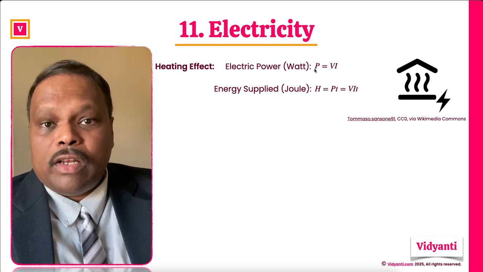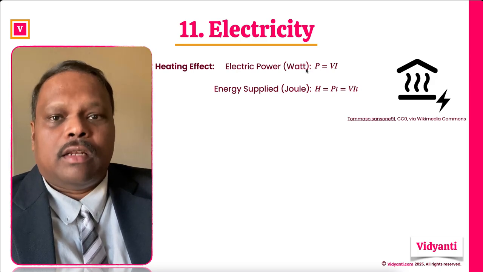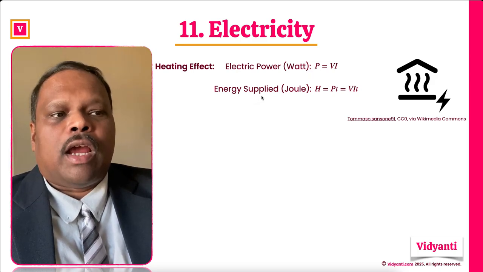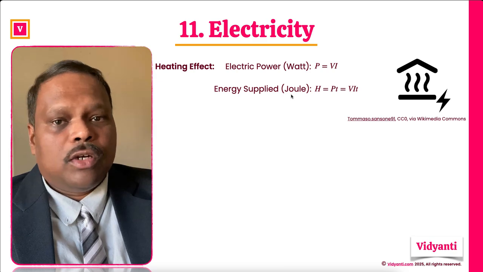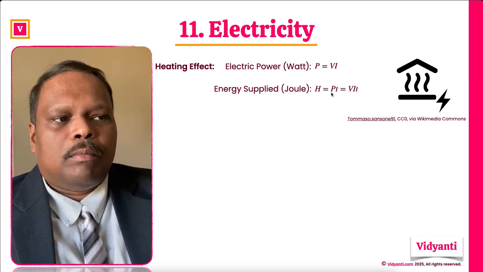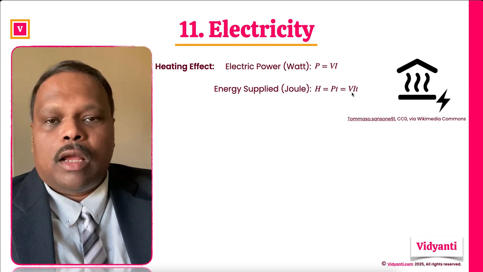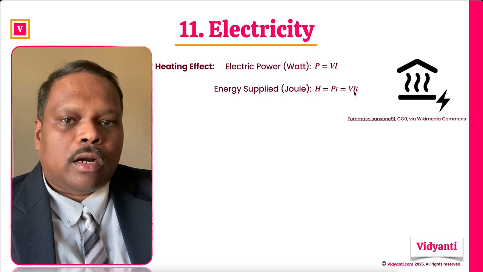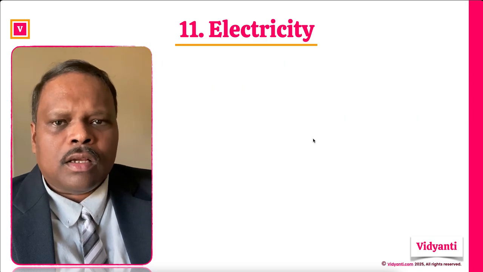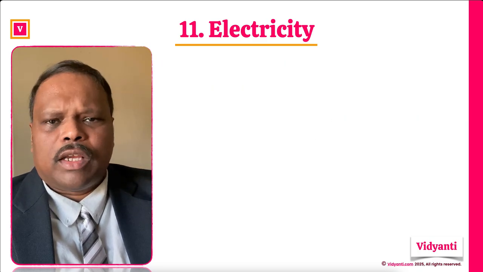The unit of electric power is the watt, again the name of a scientist, James Watt, and the unit of energy supplied is the joule, again the name of a scientist, and that will be power multiplied by time. Power is V times I, where V is voltage and I is current, so the energy formula is voltage into current into time. Let's see a couple of quick examples.